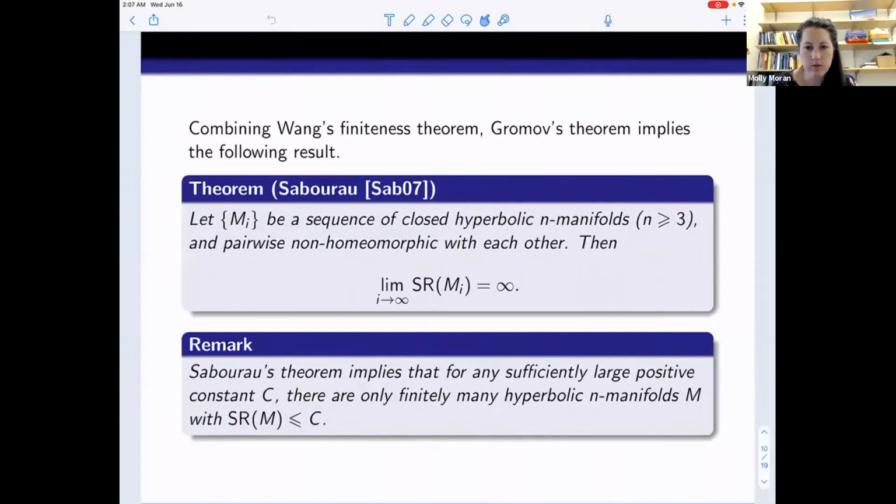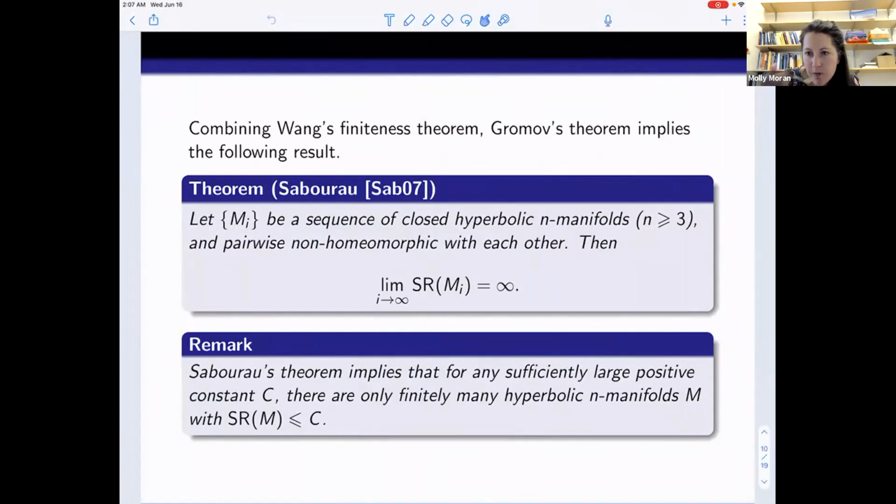Combined with the finiteness theorem, Gromov's theorem tells us the following result. If we are given a sequence of closed hyperbolic n-manifolds, and in this sequence every 2 hyperbolic n-manifolds are not homeomorphic to each other, then the systolic volume of this sequence of hyperbolic manifolds goes to infinity.